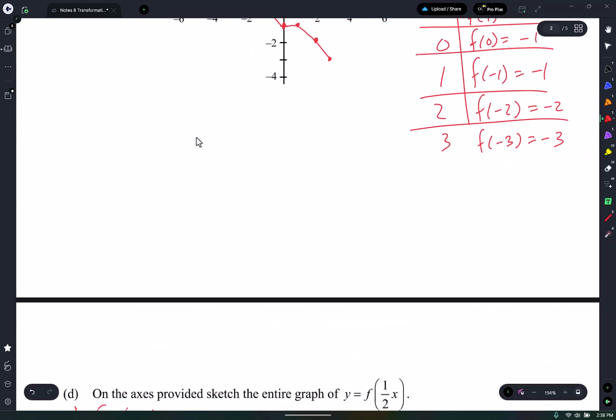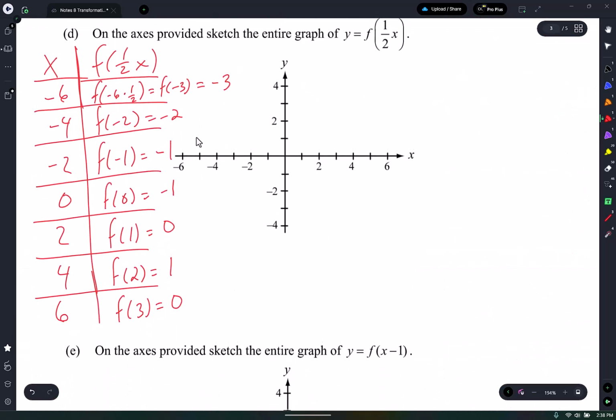Yep. All right, plot those points. Negative 6, negative 3, point. Negative 4, negative 2, point. Negative 2, negative 1. 0, negative 1, 2, 0, 4, 1, 6, 0.